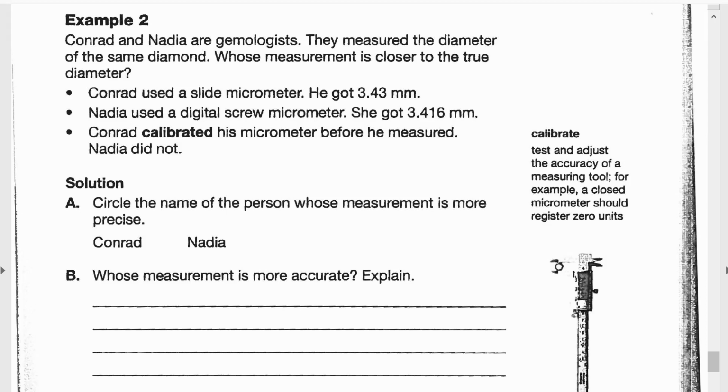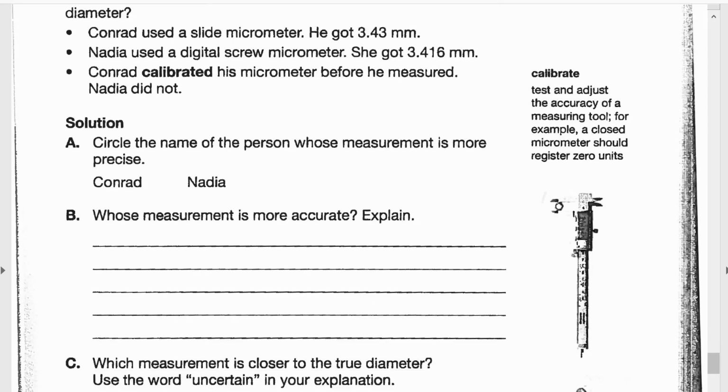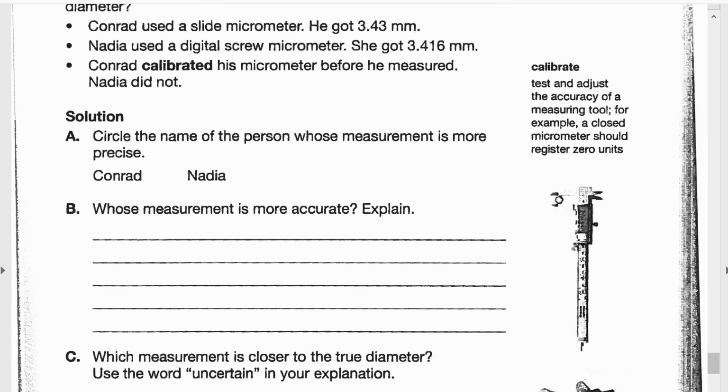She didn't. Calibration means to test and adjust the accuracy of the measuring tool. For example, a closed micrometer should register 0. So circle the name of the person whose measurement is more precise. Well, he calibrated, but she had a more precise answer. So whose measurement is more accurate?